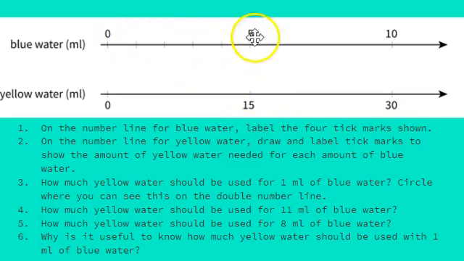But they went with the same rate every time you jump to a next higher amount. And that's why when we found that our 1 per 3 milliliters helped us see that we were counting by 3s on the yellow waters, but on the blue we were counting by 1s.